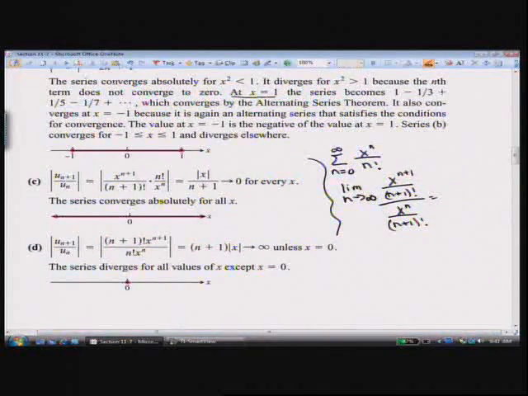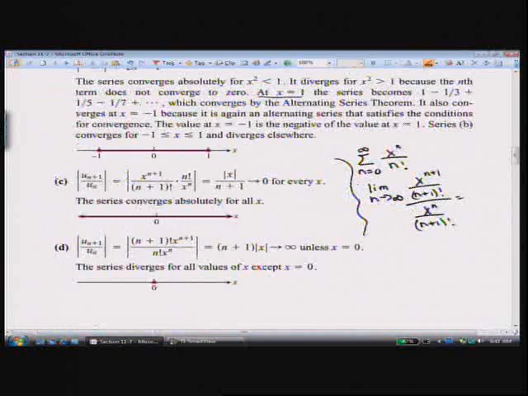When you flip it, can you do this in your head? If you flip it, you'll have n factorial and n plus 1 factorial. So remember how those cancel, and you'll just have an n plus 1 in the denominator? And then the x to the n plus 1 and the x to the n, when you flip it, you're just going to have an x in the numerator.